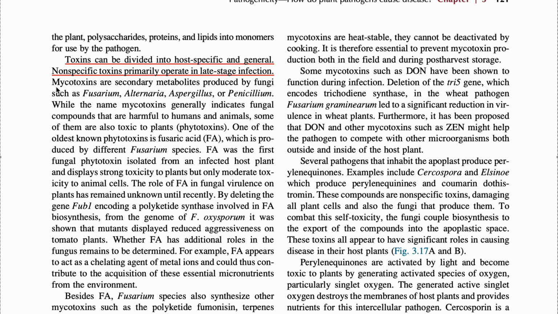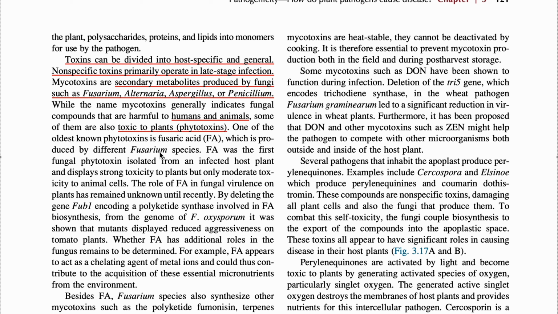Next, we also have mycotoxins. So mycotoxins are secondary metabolites produced by fungi such as Fusarium, Alternaria, Aspergillus or Penicillium. While the name mycotoxins generally indicates fungal compounds that are harmful to humans and animals, whenever they are toxic to plants, they are called phytotoxins.